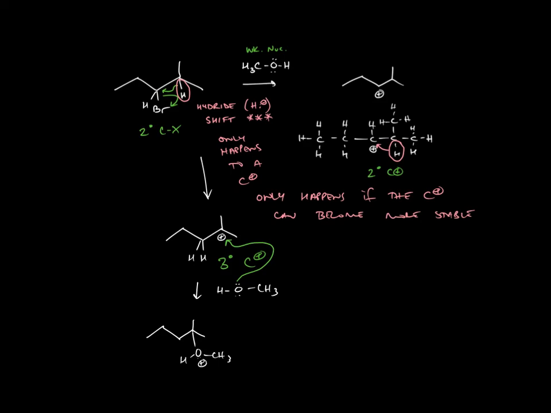If you have an O+, it's a good leaving group. Therefore, the hydrogens next door are strong acids. So we will have our methanol share electrons with that hydrogen, deprotonating the hydrogen, and giving me a final product that looks like this. And that would be an ether.